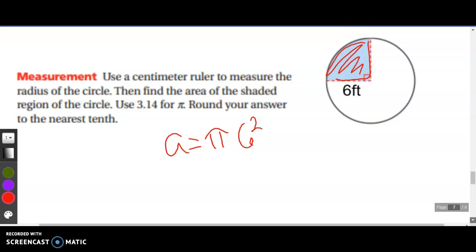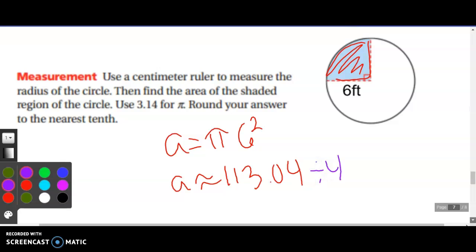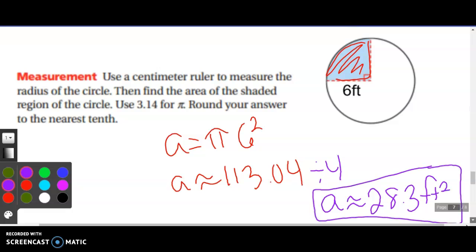I do everything, I wind up getting that the whole circle is about 113.04. That's the full circle. So then I divide that by 4, and I find that the area is approximately 28.3 feet squared after I round to the nearest tenth, and that's your answer.